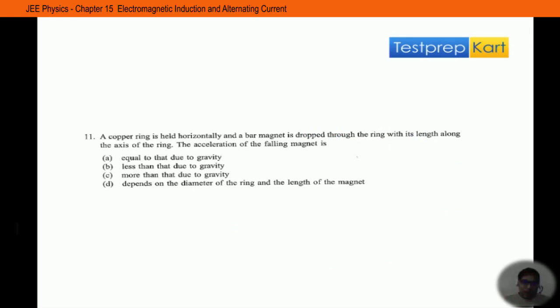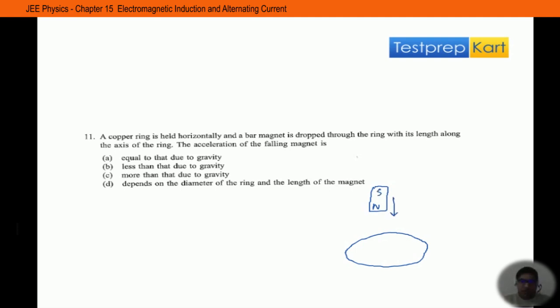Now next question is, a copper ring is held horizontally and a bar magnet is dropped through the ring with its length along the axis of ring. So there is a ring placed on horizontal surface and a magnet is falling from certain height.